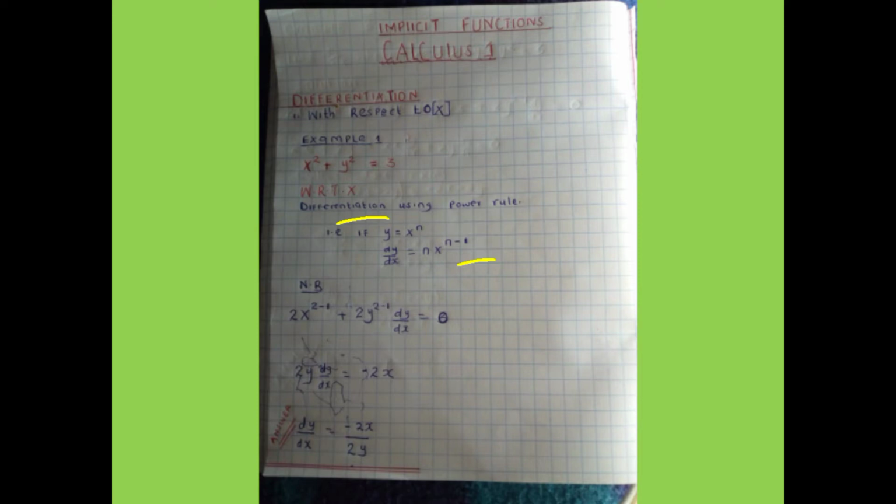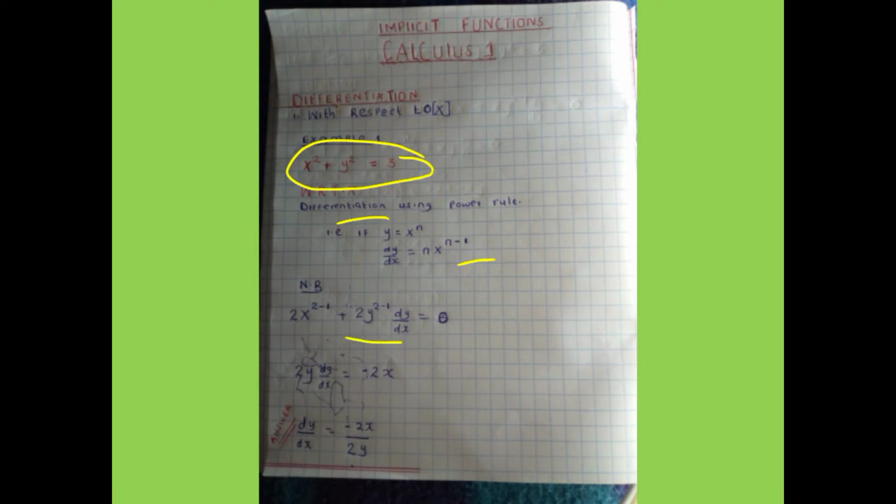For our case here, the equation was x squared plus y squared minus 3. So you get 2x raised to 2 minus 1 plus 2y raised to 2 minus 1 dy dx.